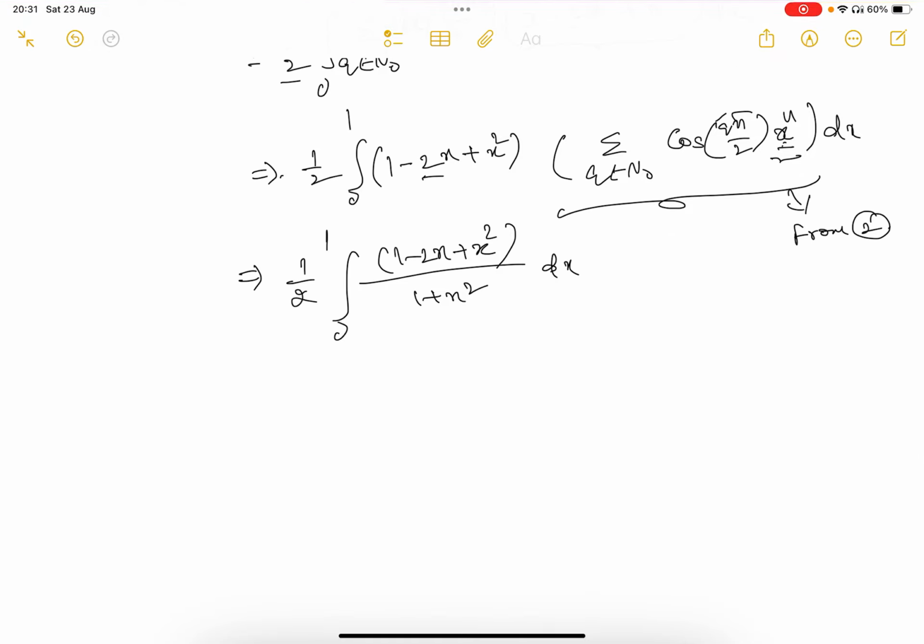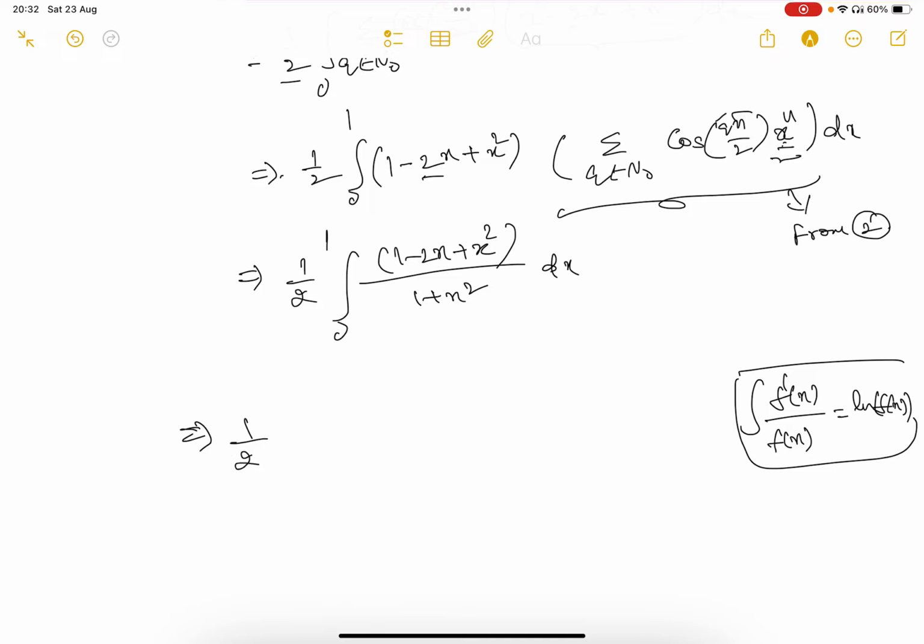So you can remember this formula, right? Integral f dash of x by f of x, which is ln of f of x. As you can see, this part is, oh no, I don't think you can use this formula. This is half into, let's do one thing.